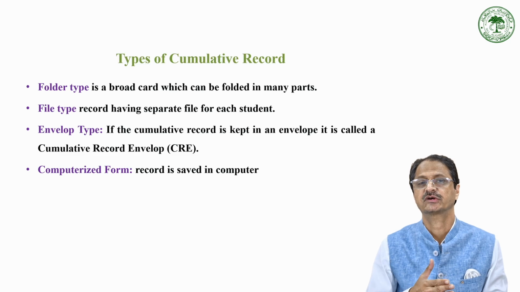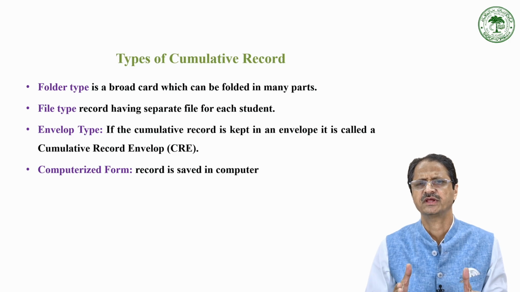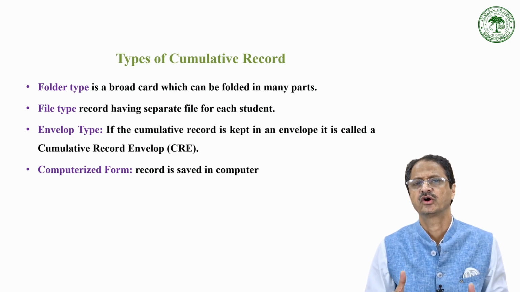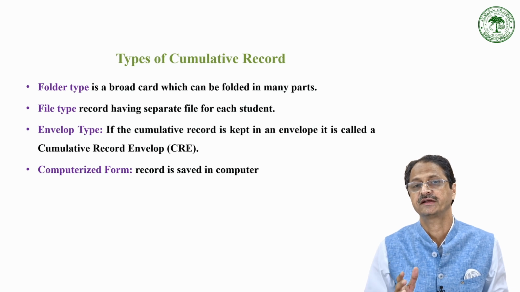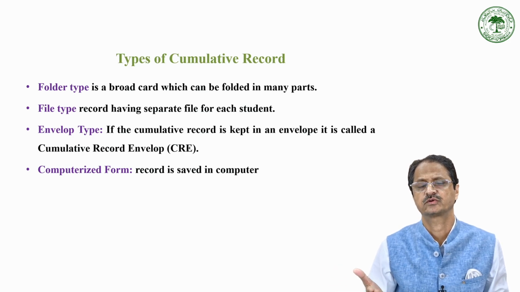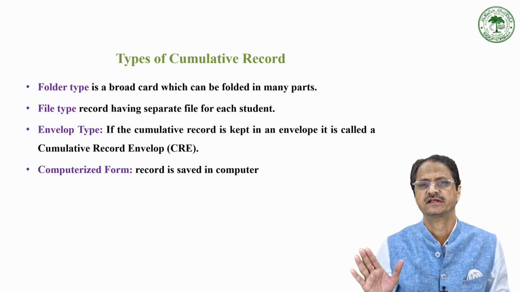So we are using the computer for maintaining the record of the students, which makes it easily accessible for the student if he or she desires, and it can also be transferred to the parents and the teachers if they are in need of that.